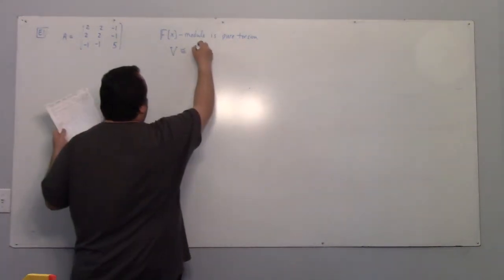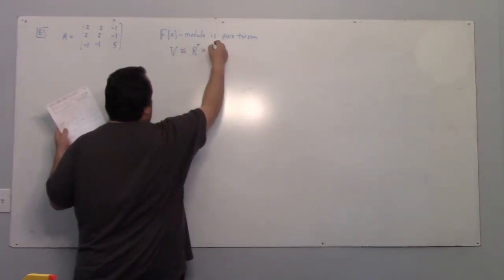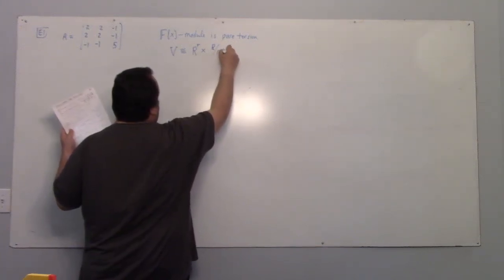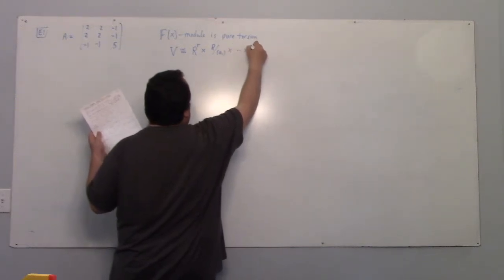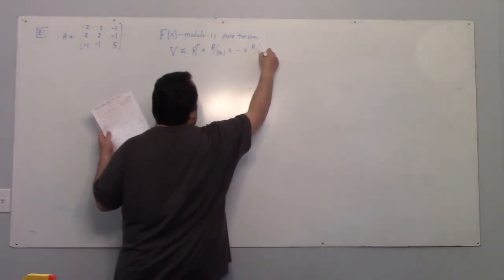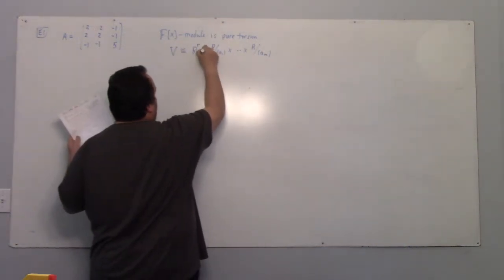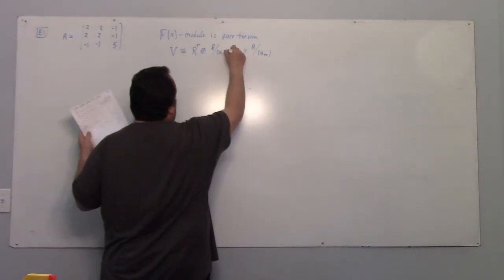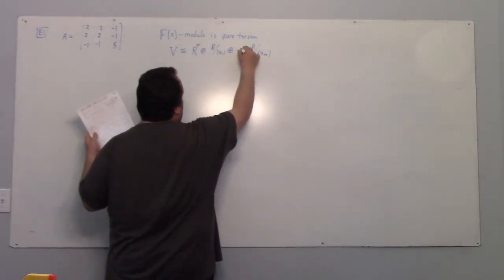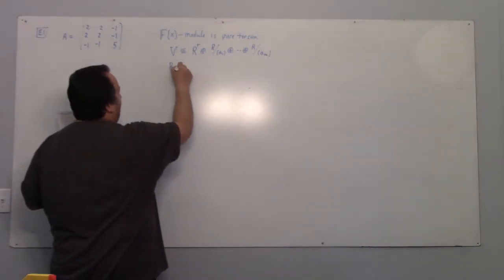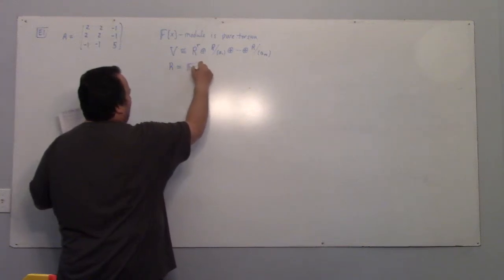Your ring R, with the free rank r, direct product with the ring mod your first annihilator, all the way out to your direct product, or direct sum if you want. But here, R is equal to F[x], yeah?